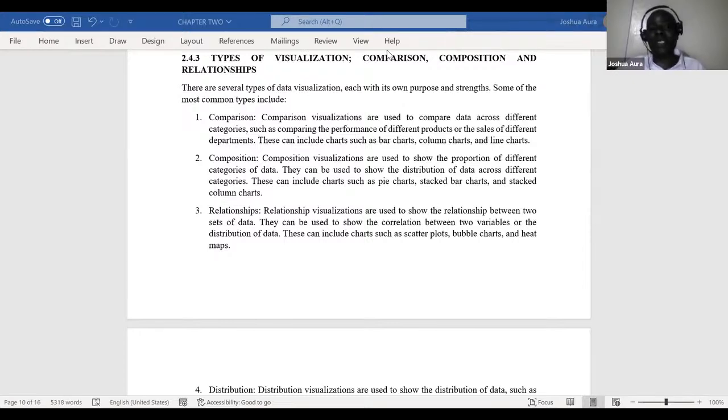How about composition, without looking at my write-ups? What type of graphs will you use? Pie chart. Thank you very much, Ngozi Robert. Pie chart. George Elisha, thank you very much. Pie chart or a stacked column chart.